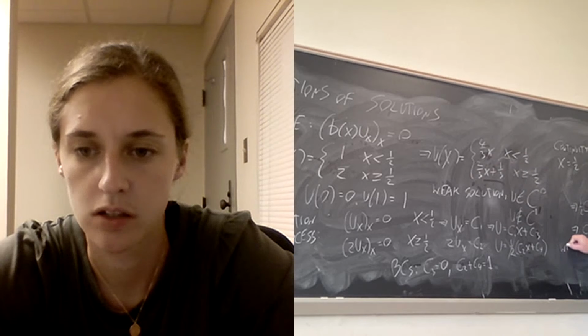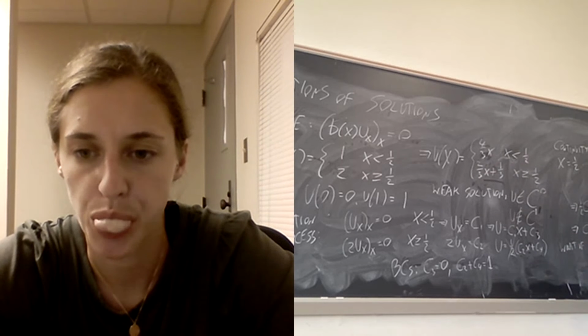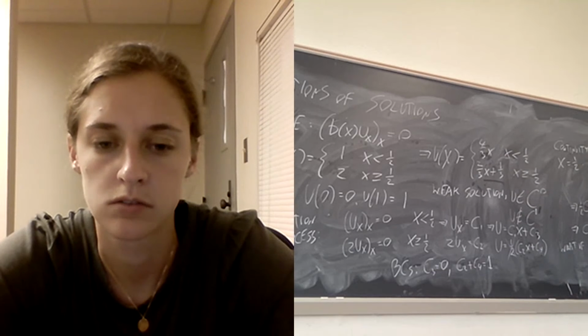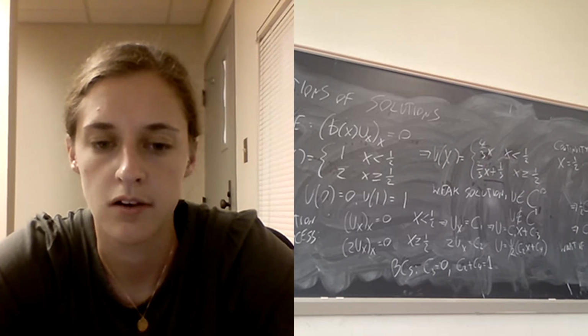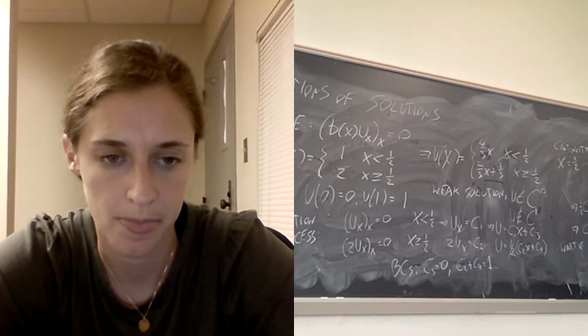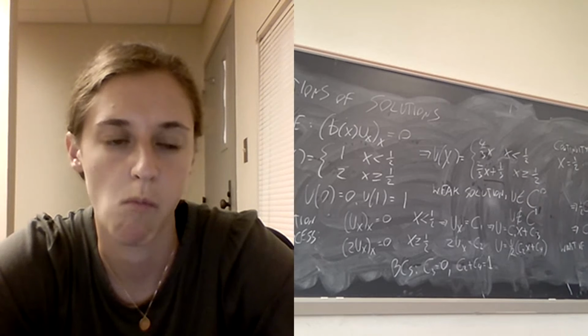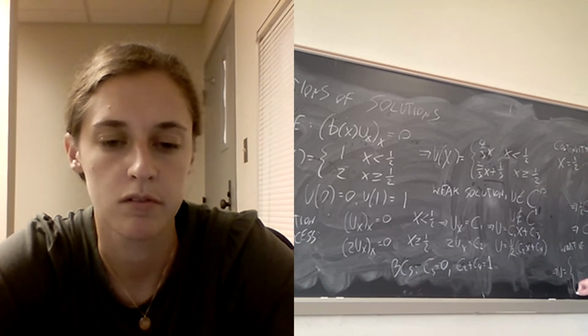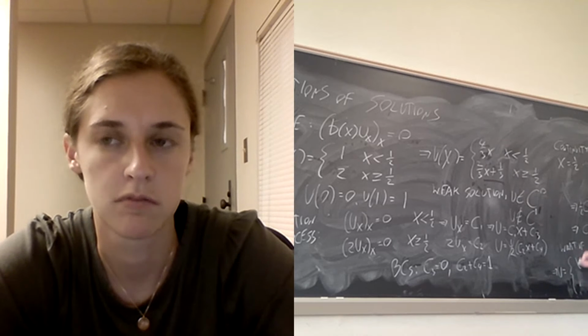So what if we set C1 and C2 both equal to 1? Then those two continuity conditions are satisfied. But that would mean C4 would have to be 0. So then my solution would be equal to x for x less than 1/2.